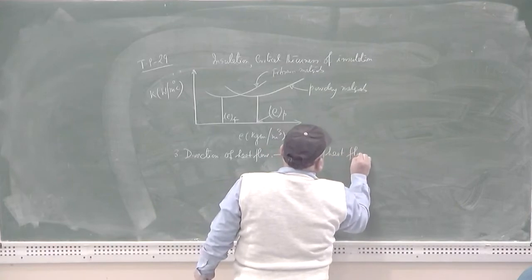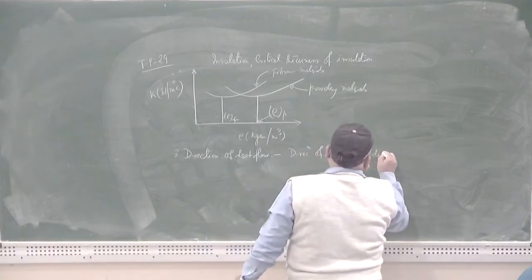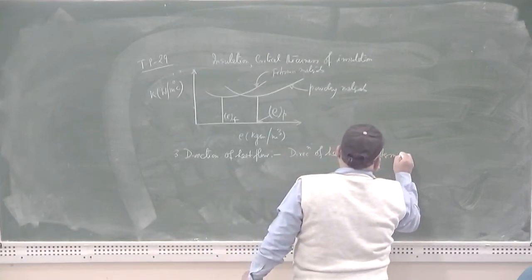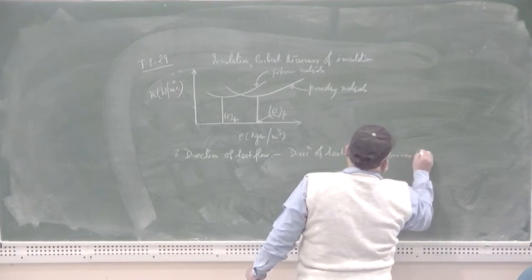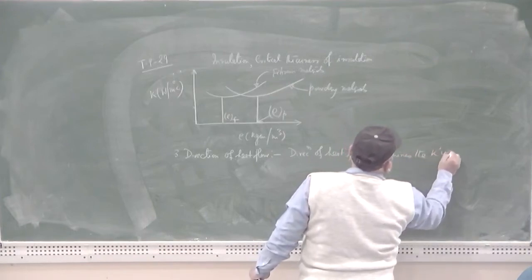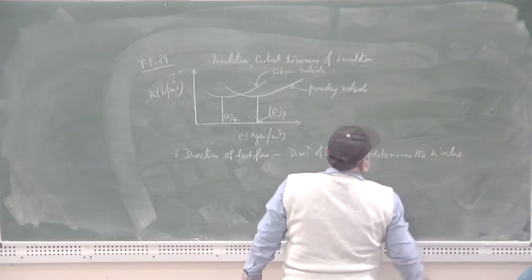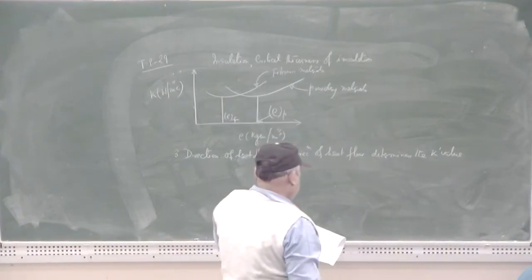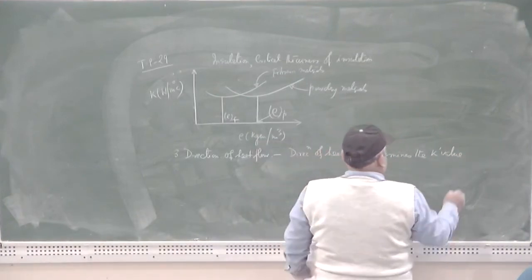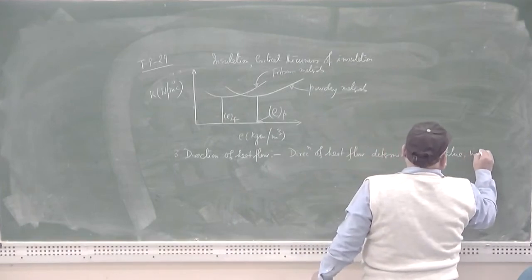Direction of heat flow determines the K value in materials.